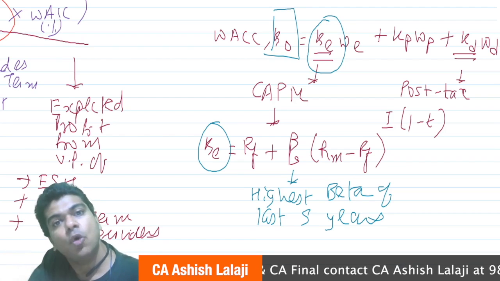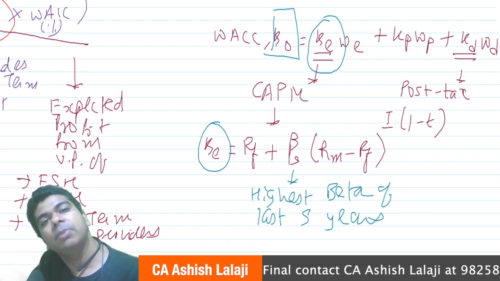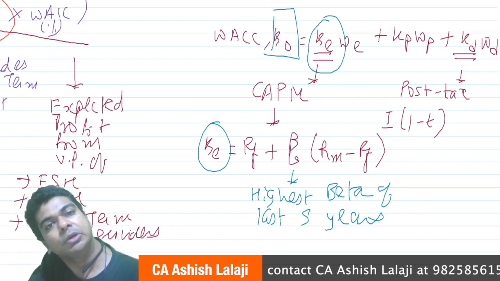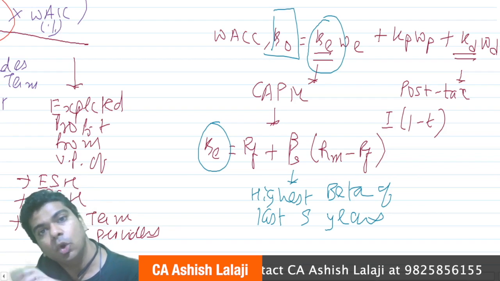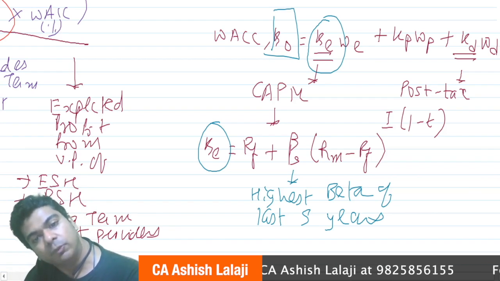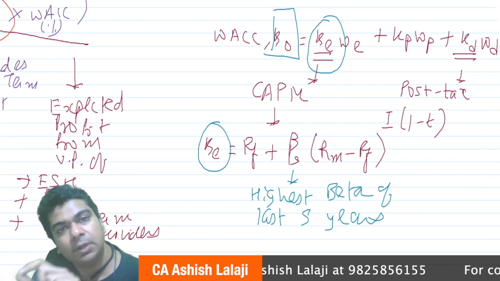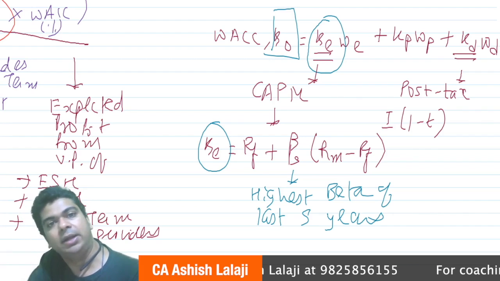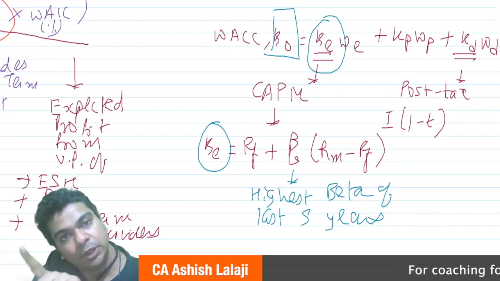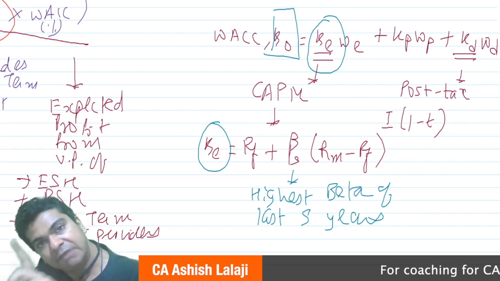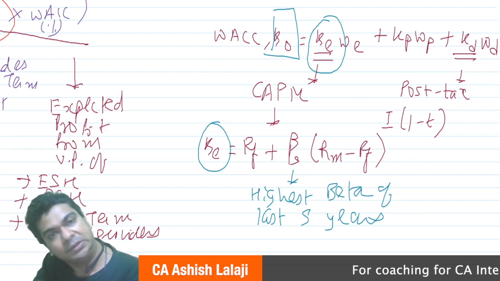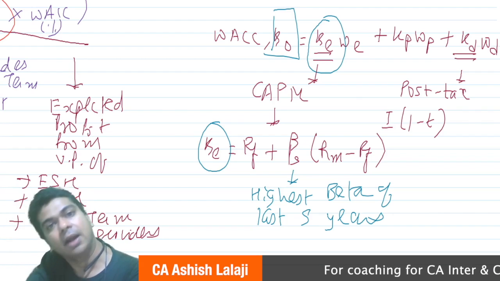See, if you are giving a target to the top level management, obviously you should give them a higher target. Low targets they will be able to achieve. So the maximum possible WACC will be determined. That we will apply to the total capital employed, and we will give them the highest possible expected profit target.